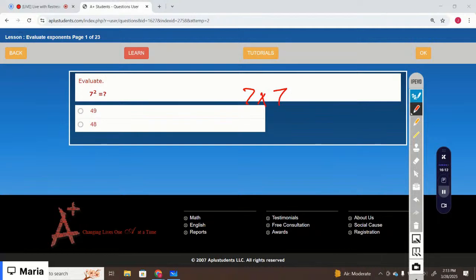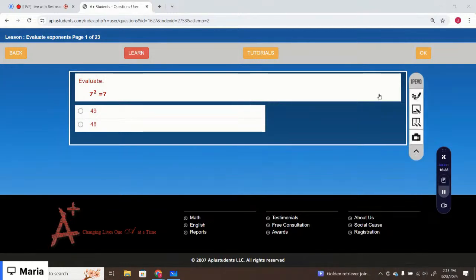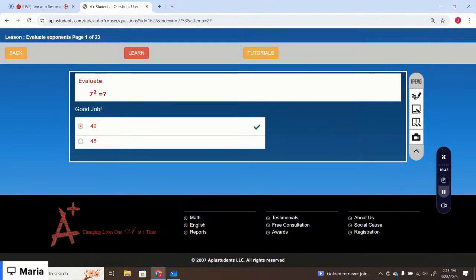So 7 times 7 equals 49. Option number 1 is the correct option.